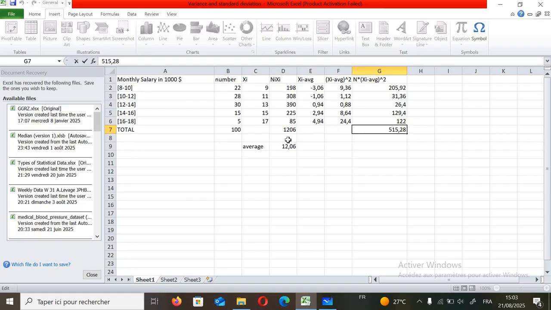Then all of that divided by sigma of ni, which is 100. Okay.